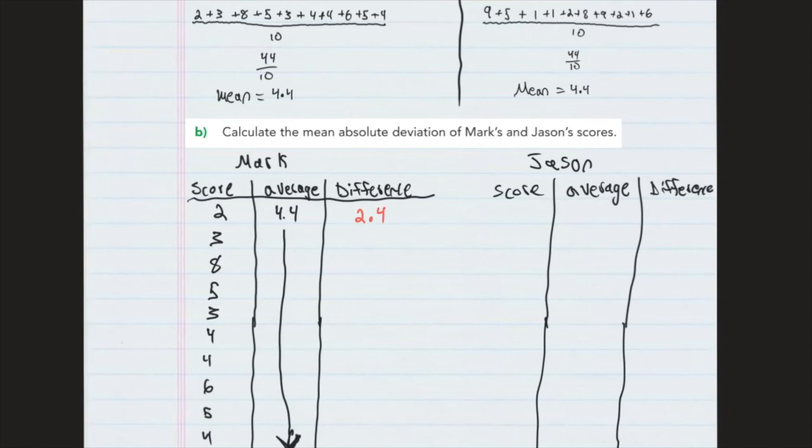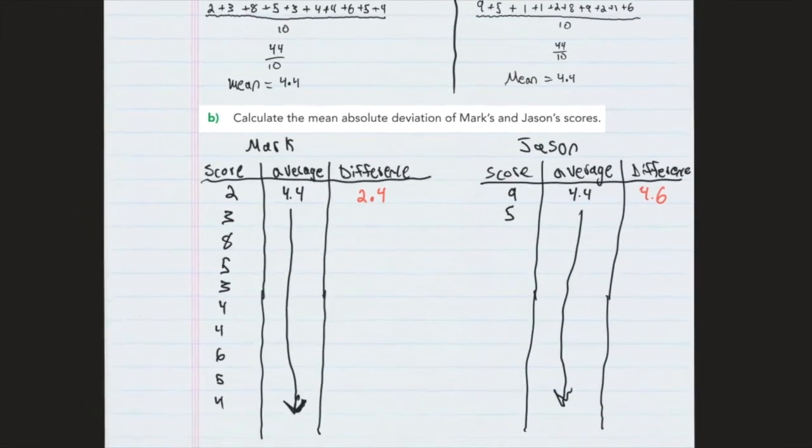And then you're doing the same thing for Jason. Jason started with a 9, a 5, and the average for Jason was also 4.4. And so that first one I can give you is 4.6 for a difference. Okay, so pause the video now and complete the tables, and then we'll compare our tables together.